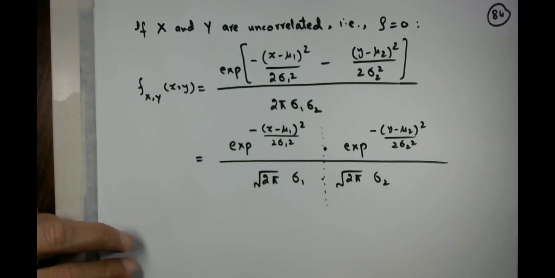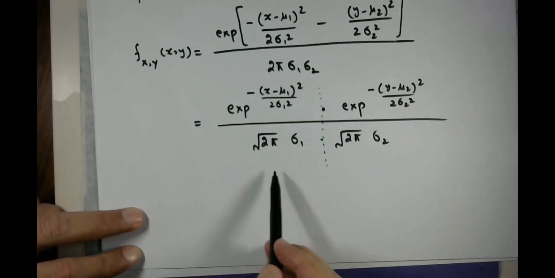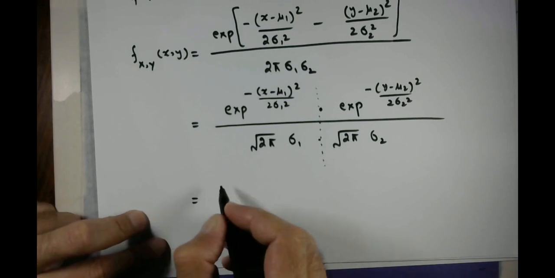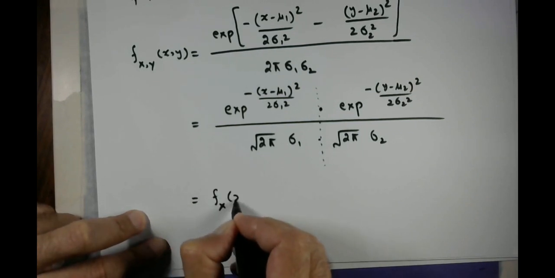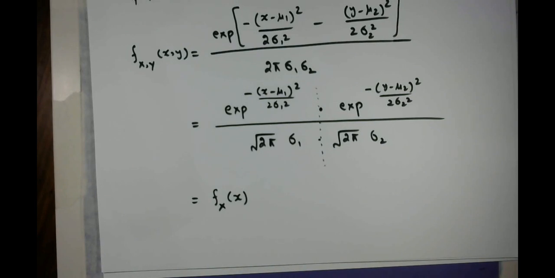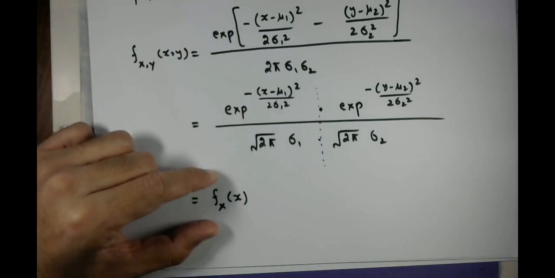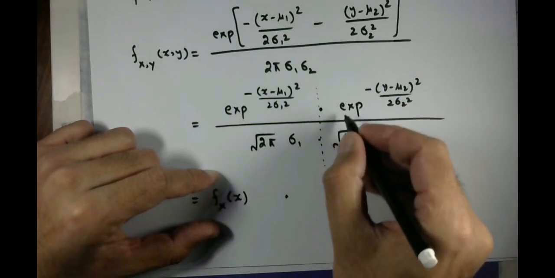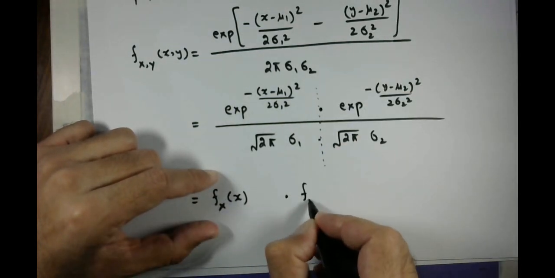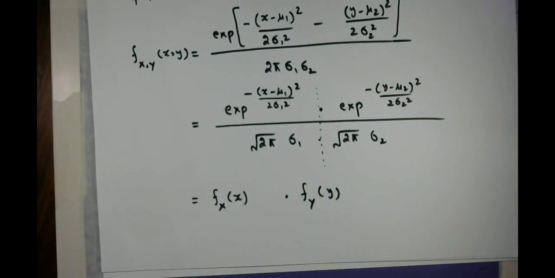So we can very easily see that this expression is nothing but a PDF of a Gaussian random variable x. If you recall, the PDF of a Gaussian random variable was e raised to power minus x minus mu over 2 sigma square divided by all this. So now this is the expression for one-dimensional Gaussian distribution x times this is the expression for one-dimensional Gaussian distribution y.